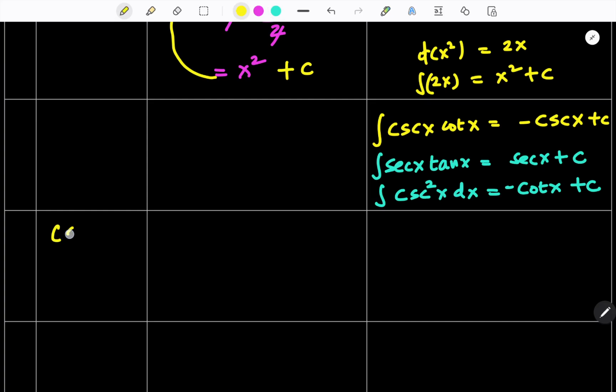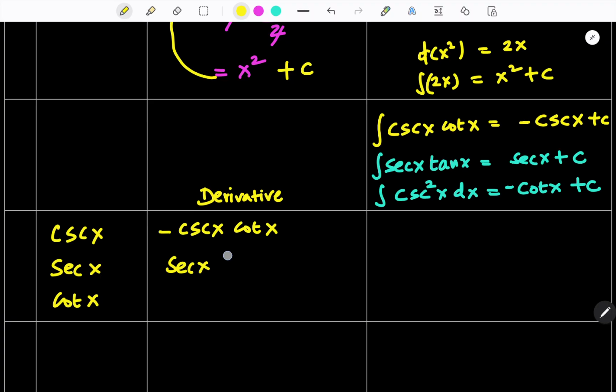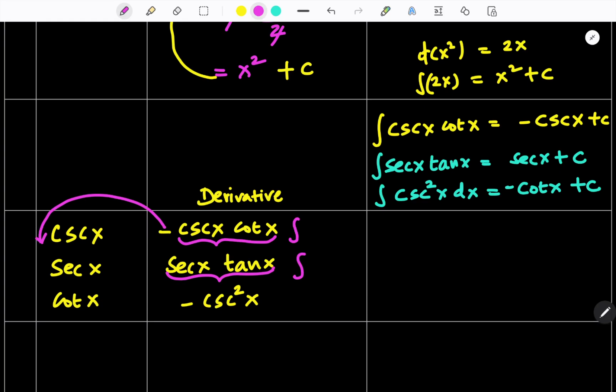The derivatives: minus cosecant x cot x for cosecant x, secant x tan x for secant x, and minus cosecant square x for cot x. Now look at here, everybody. Cosecant x cot x, if you do the integration, you will get minus cosecant x. Secant x tan x, you will get secant x. Cosecant square x, the minus will go and you will get minus cot x.